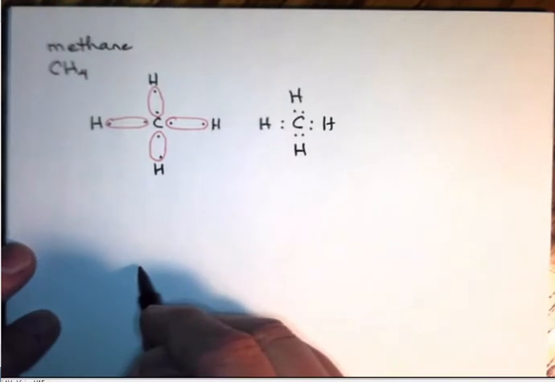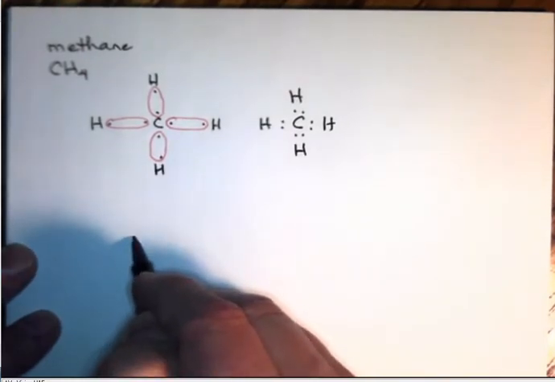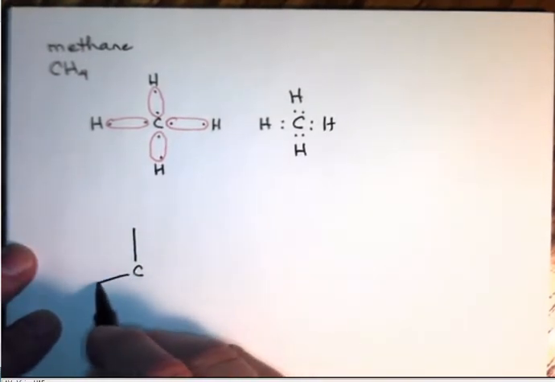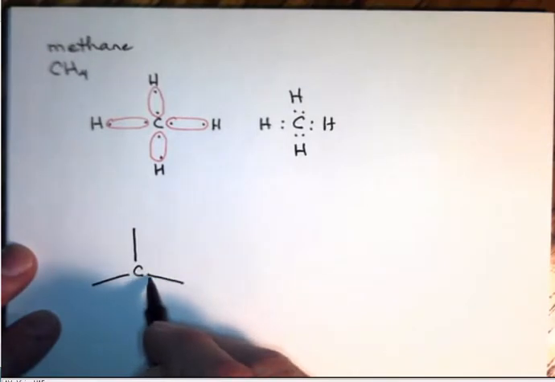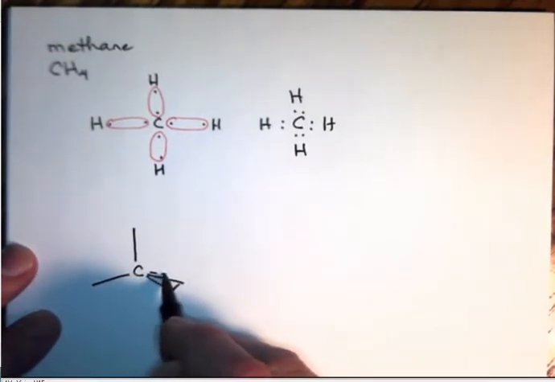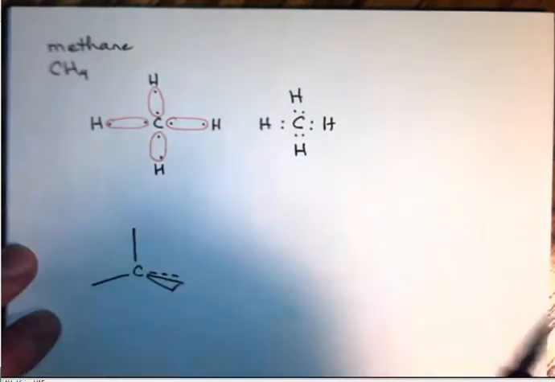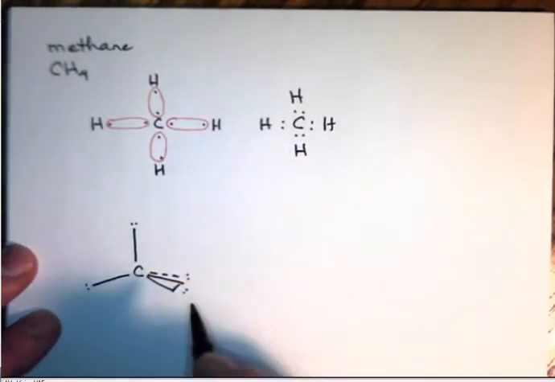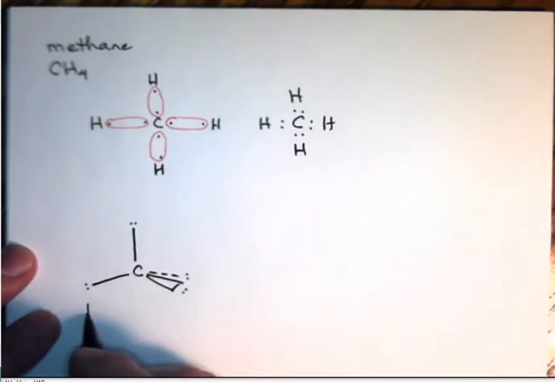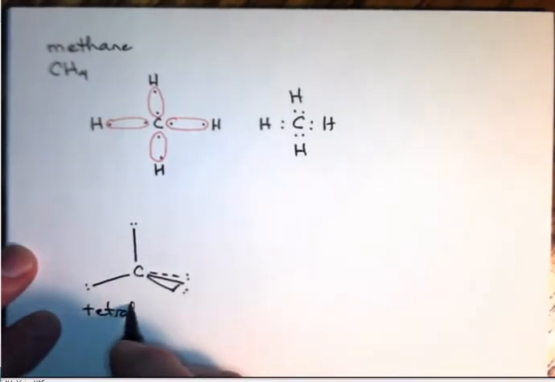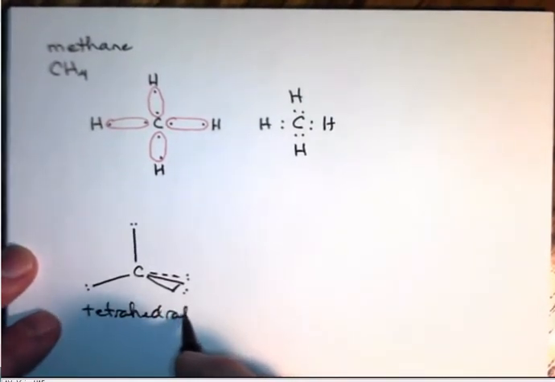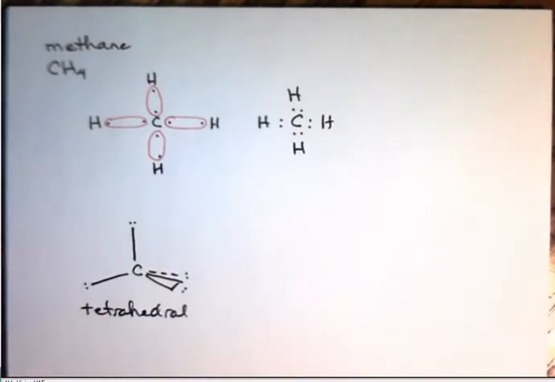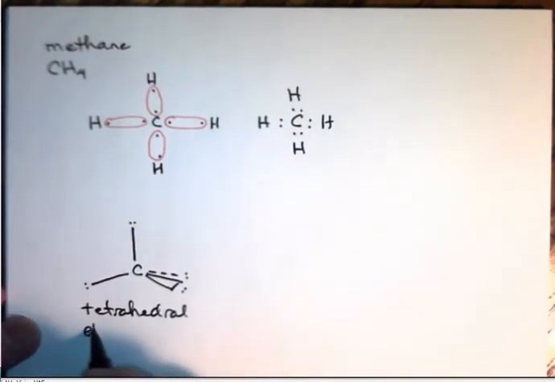The shape you get with 4 sets in 3 dimensions is a tetrahedral. And I want to put electron dots on each of those arms or angles. Okay. And that's a tetrahedral. And since all we have are electrons around it, we're going to call it an electron pair shape.